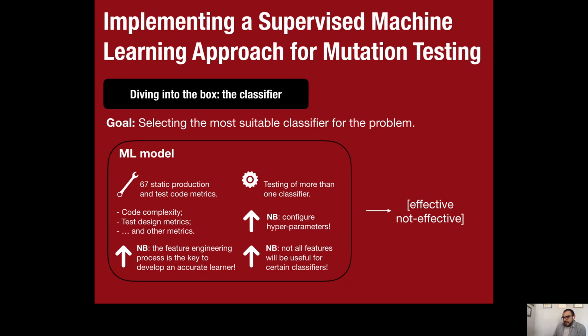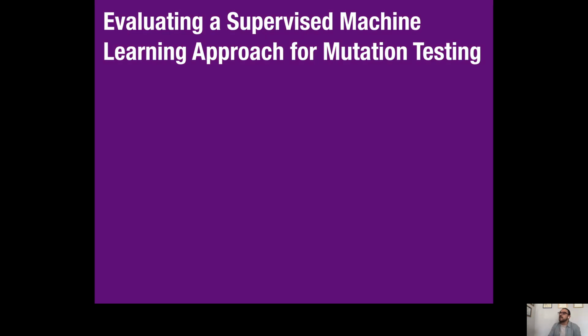Once you have applied this preprocessing, or these steps, you have a black box, a white box, which is ready to be exercised, to be tested. And this is the second, let's say, big step of supervised machine learning approaches.